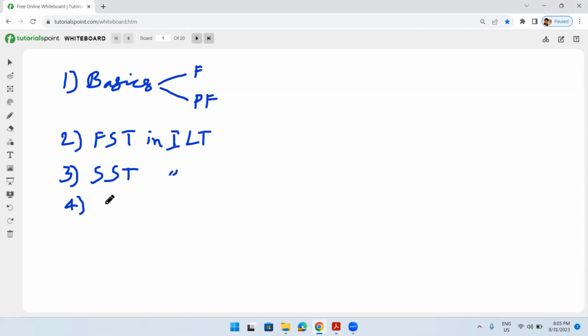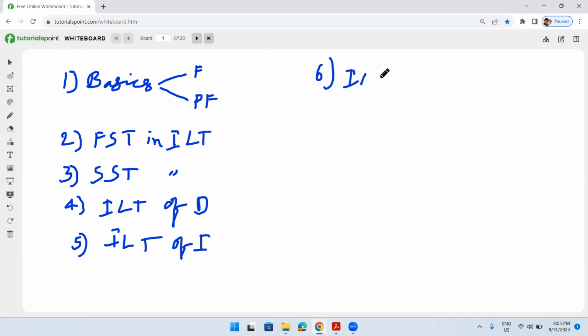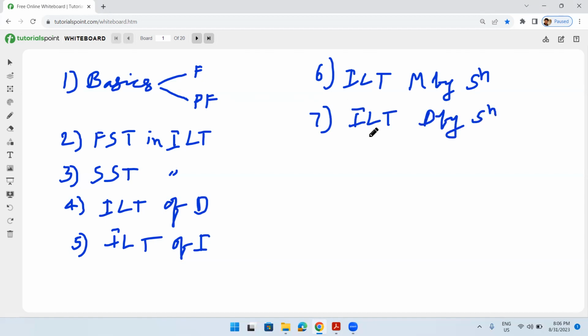And the fourth topic is inverse Laplace transform of derivatives. The fifth topic is inverse Laplace transform of integrations. The sixth topic is inverse Laplace transform multiplied by s power n. And seventh, inverse Laplace transform divided by s power n.